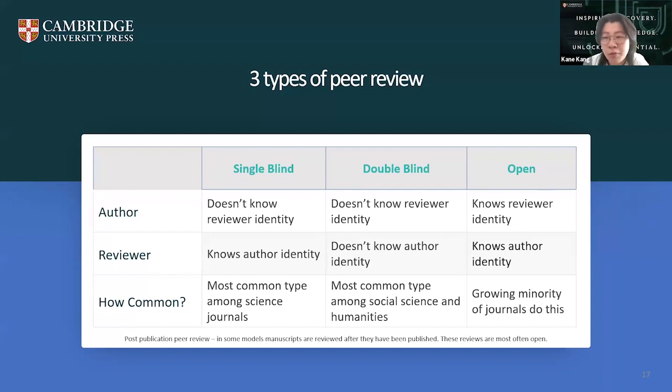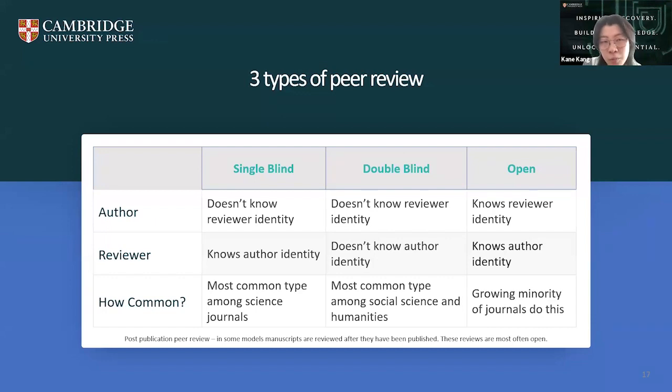The type of peer review used by a journal should be clearly stated in the invitation to review letters you receive and the policy pages on the journal website. So if after checking the journal website you're unsure which type of peer review they're using, or you would like to clarify the journal's policy, you should contact the journal editor.